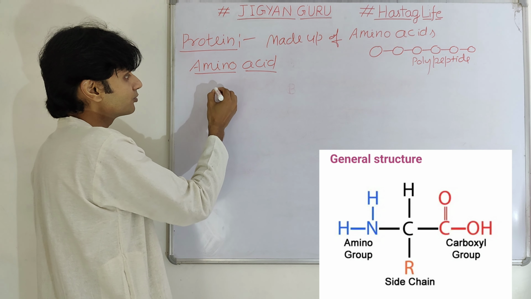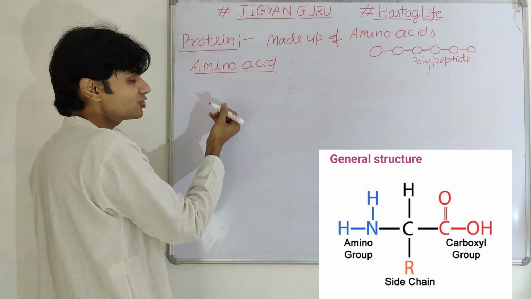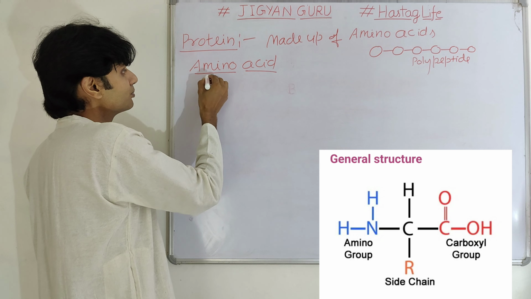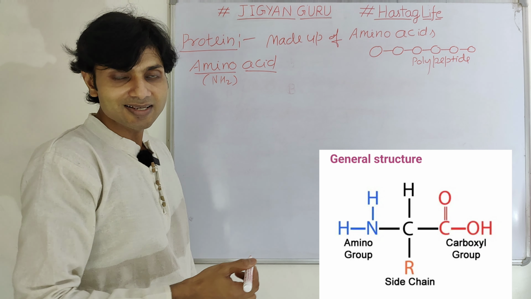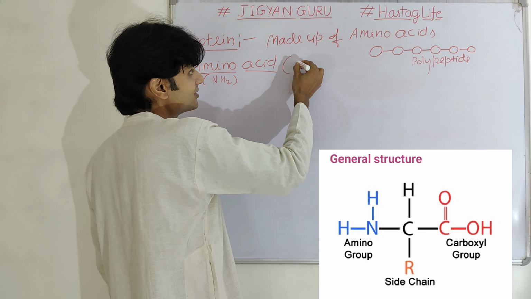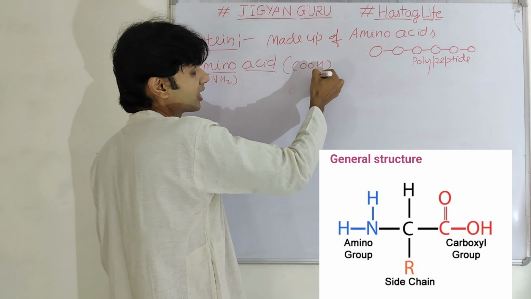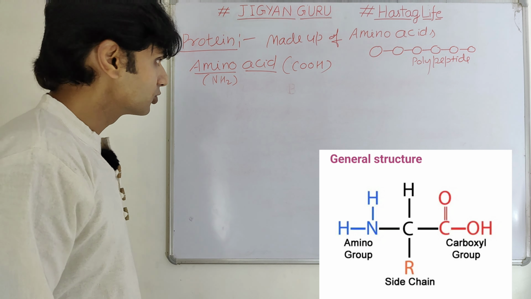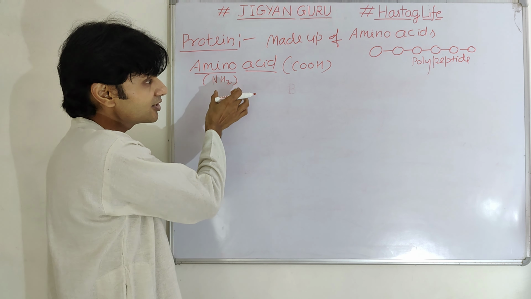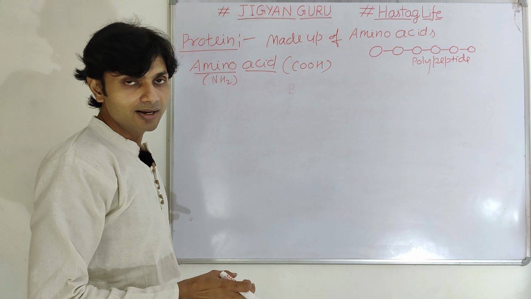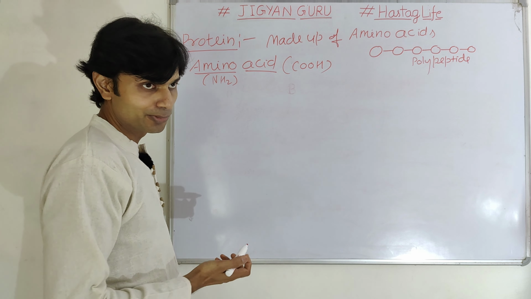The amine group we represent as NH2. When we talk about the acidic group, it is COOH, the carboxyl group. So an amino acid has an NH2 amine group and a carboxylic, or acidic, group.